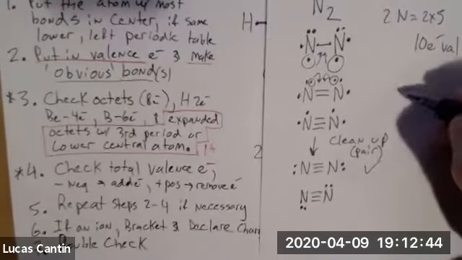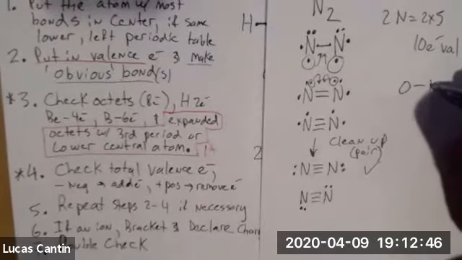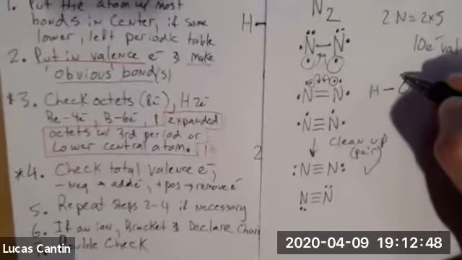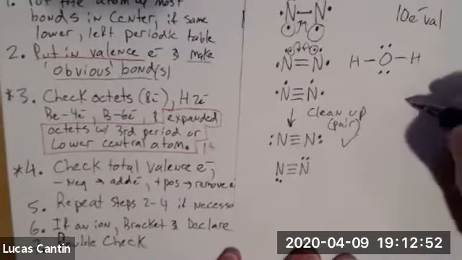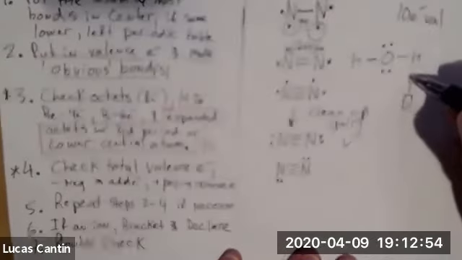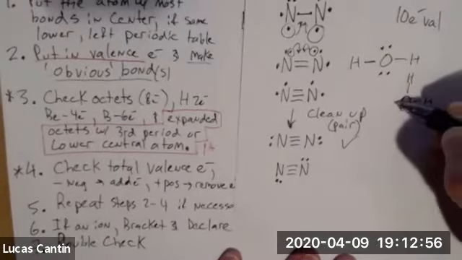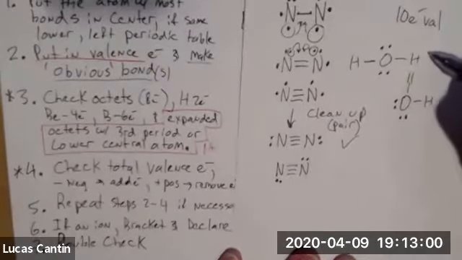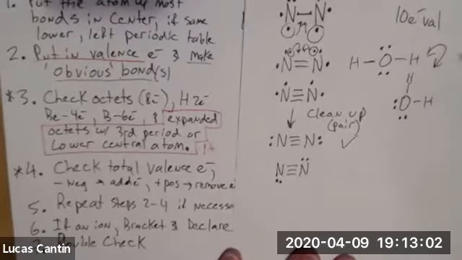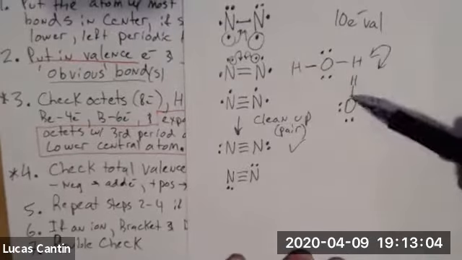And let me go back to water for a sec. When we did water it was like this, right? Now, I could have just as easily made water like this. And this would also be okay. These two structures are equivalent. Let me move it over.